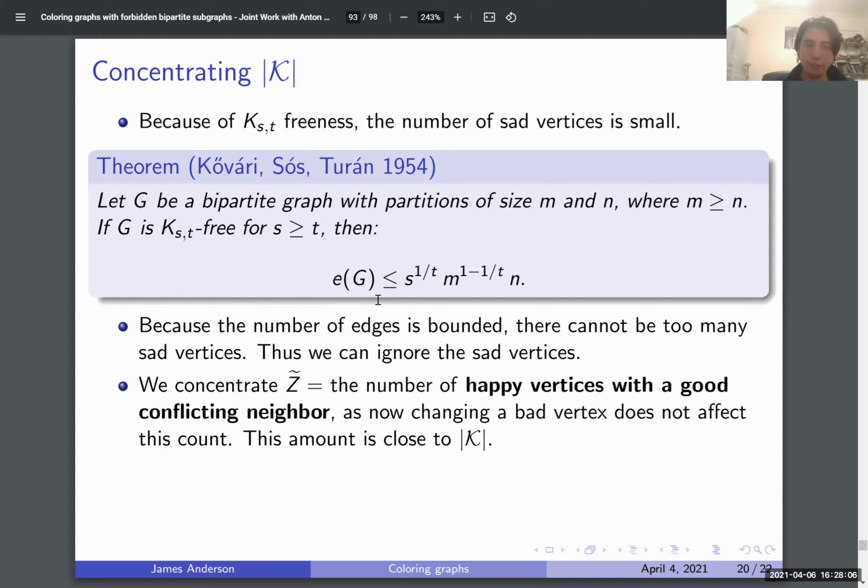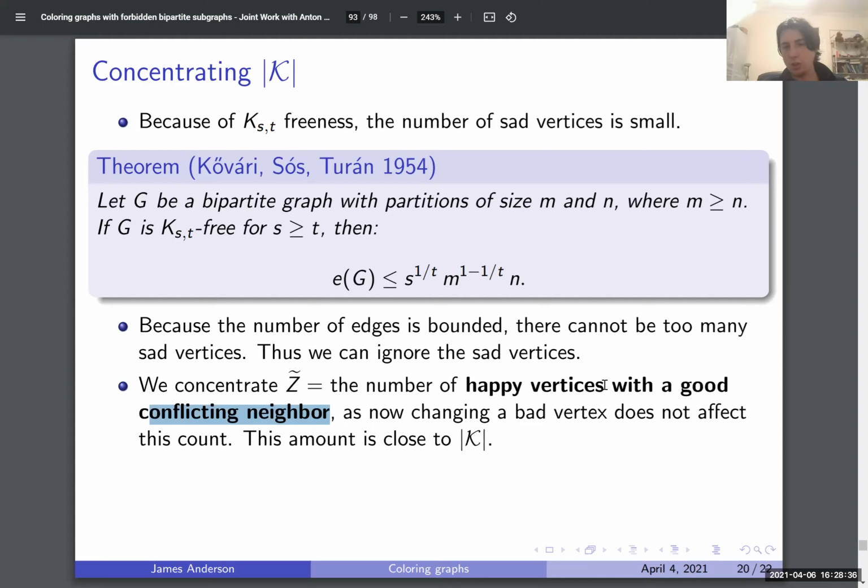And so what we really focus on is concentrating this Z tilde, which is the number of happy vertices with a good conflicting neighbor. Because now if we change a bad vertex, the coloring of a vertex U in G to a bad vertex, well, this isn't going to affect if a vertex in H was kept or not, because if it had a good conflicting neighbor, it's already getting thrown out.